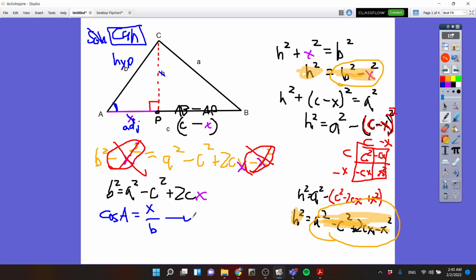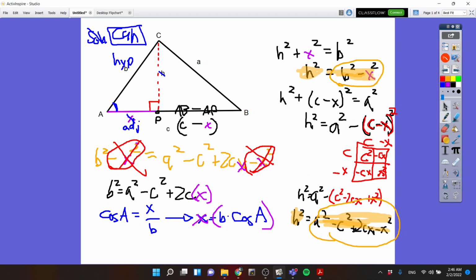So I'll multiply the b to the other side, and I get x equals b times cosine A. Great, so now x is equal to these things, and so I'm going to put those things in here for this x.